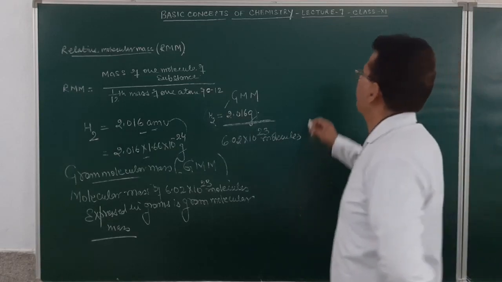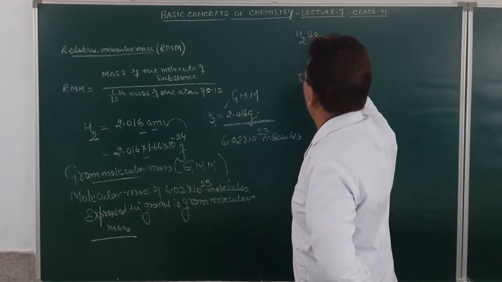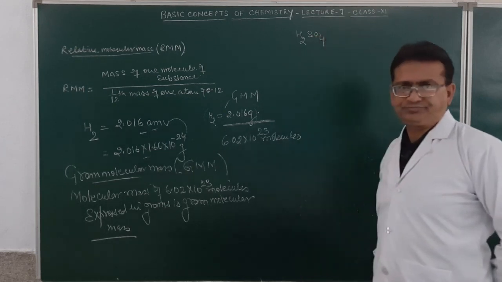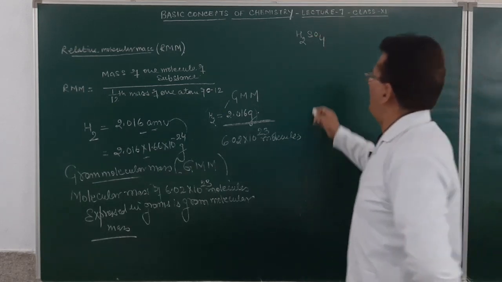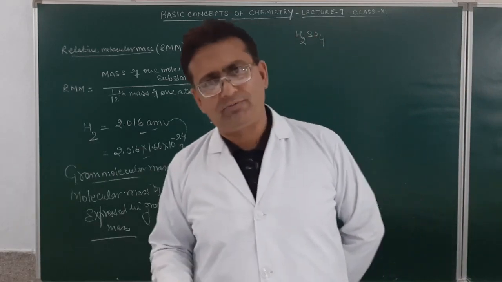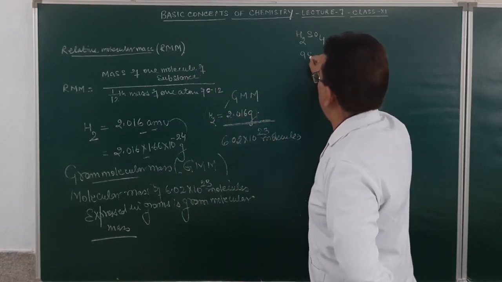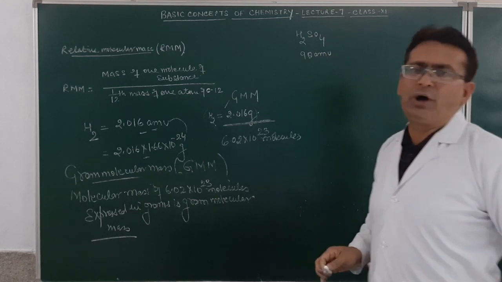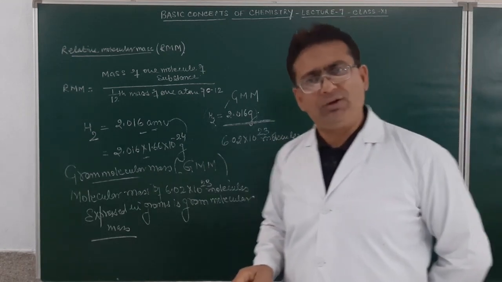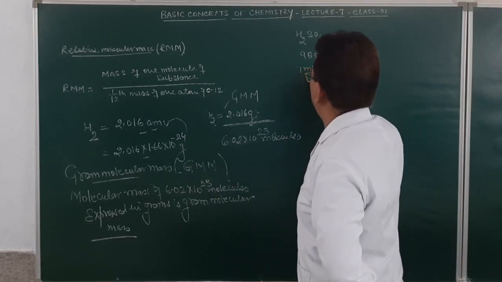Just look over here. If I write down H2SO4, it is sulfuric acid. Now I am recapitulating the atomic mass and the molecular mass. If I write down the mass of H2SO4 as 98 AMU, it is the mass of how many molecules of sulfuric acid? One. So it is the mass of one molecule of sulfuric acid.